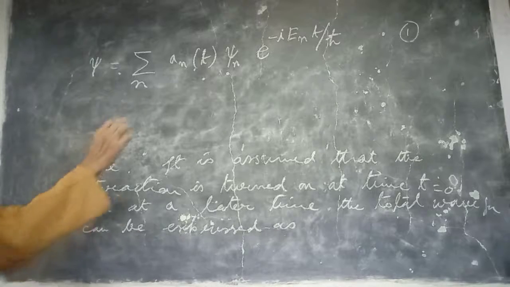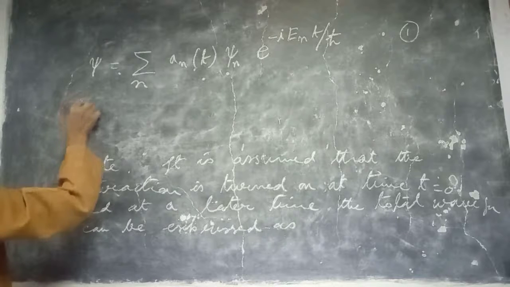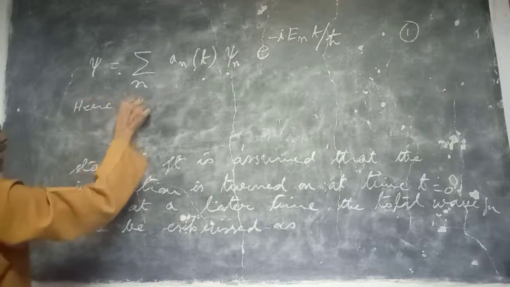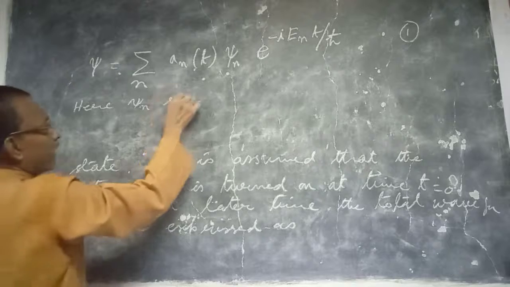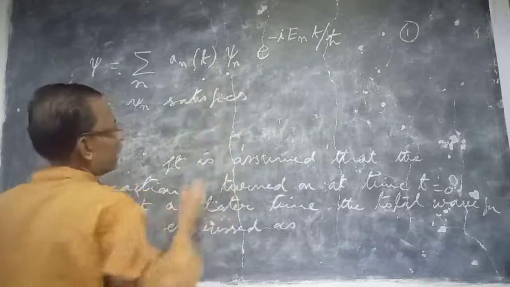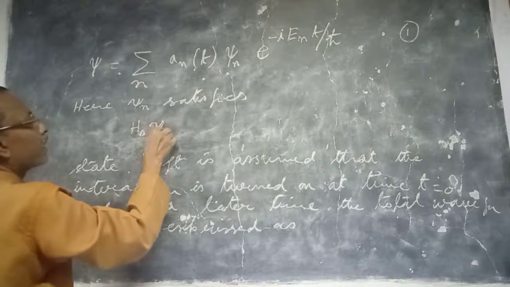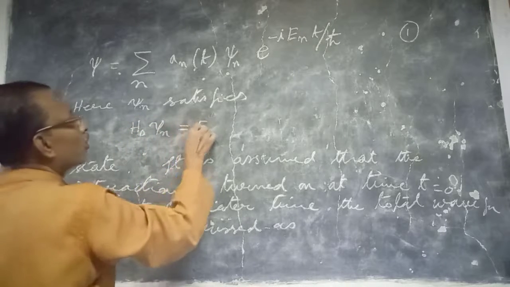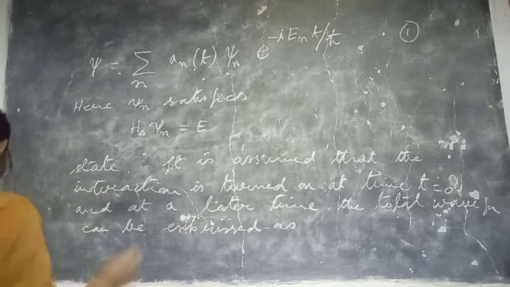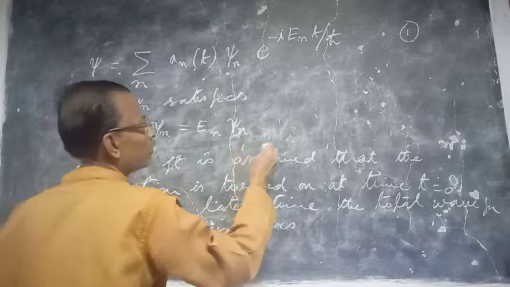Now here psi n is the eigenfunction of H0, so psi n satisfies the equation H0 psi n equal to E n psi n.